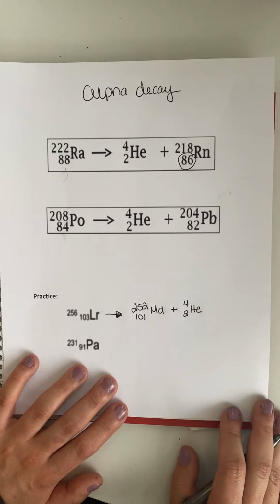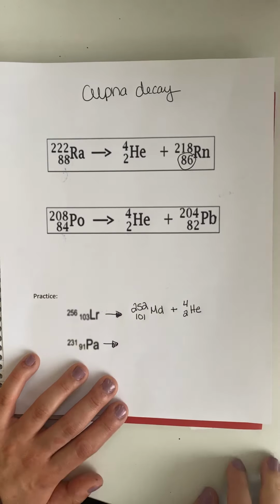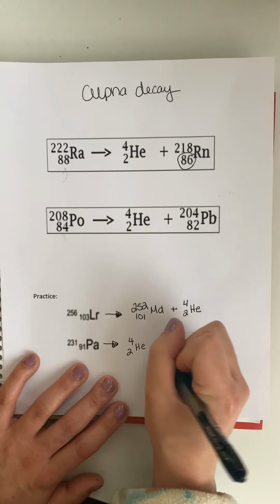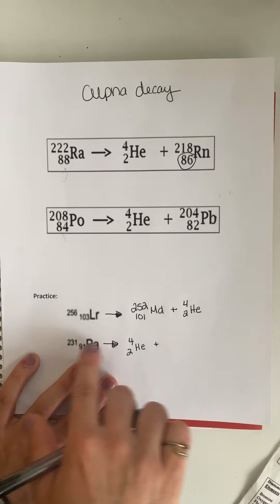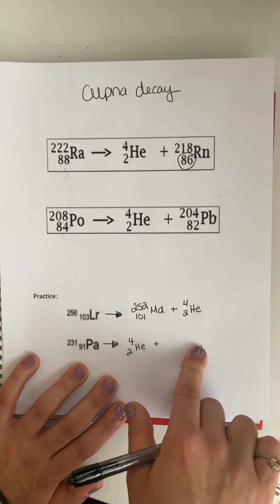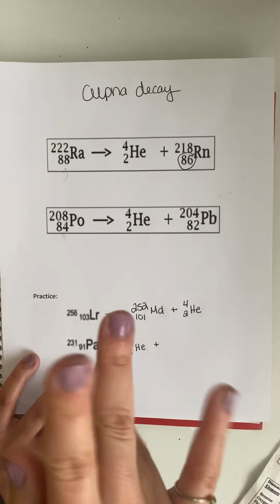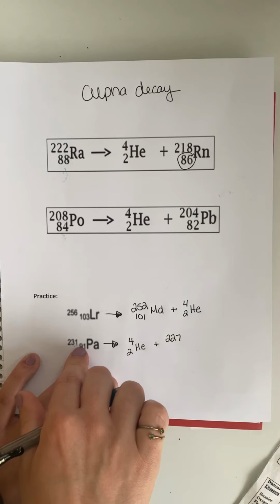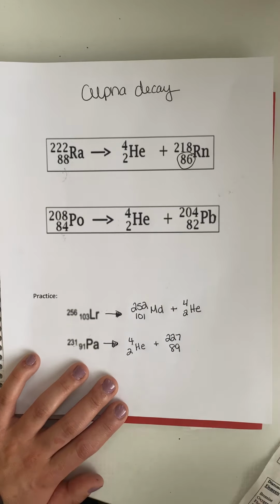Or you can do it the way that I showed you in my example, where I tell you it undergoes alpha decay. Before you do anything, you do your 4,2 helium plus, you just kind of go across and you're just going to subtract from the top. So 231 minus 4 is 227, my new mass, and 91, 90, 89 is my new proton number.